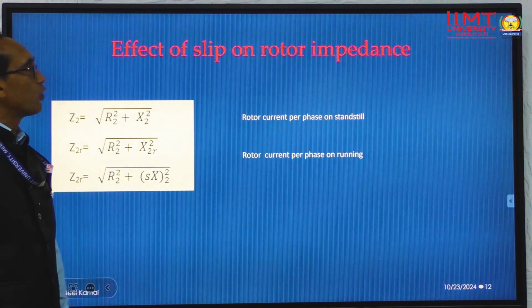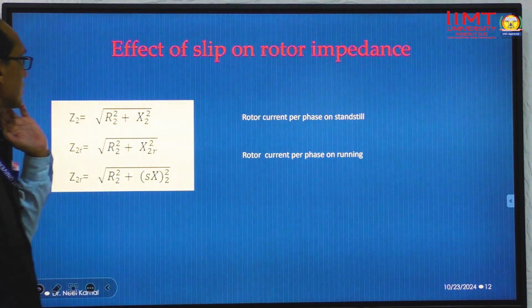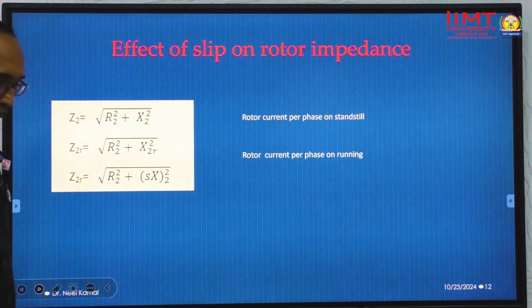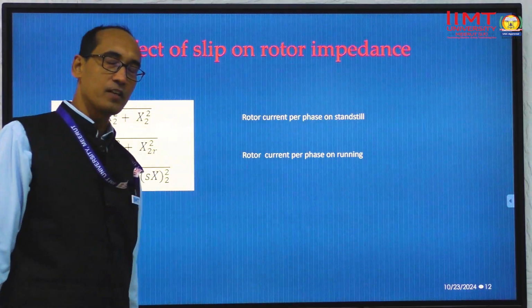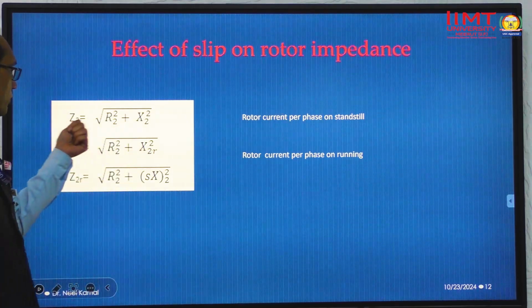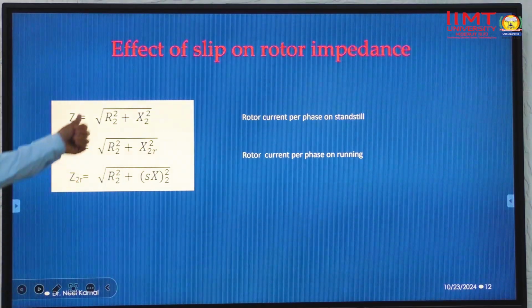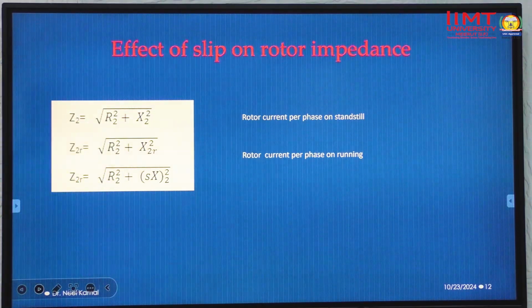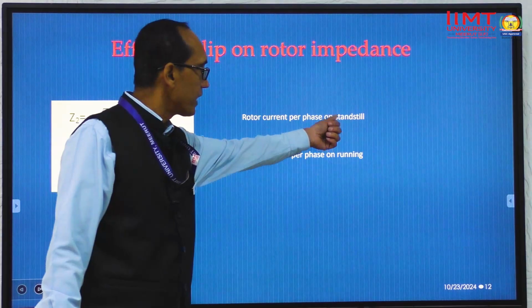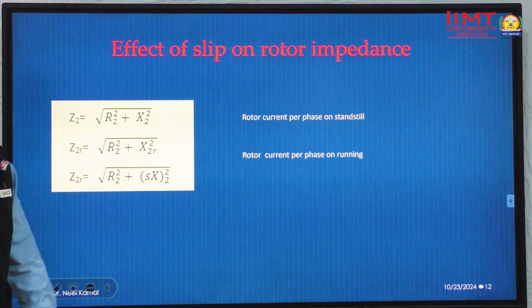Now what is the effect of slip on rotor impedance? Impedance is the resultant of these two parameters, resistance and reactance. So we already have the formula Z2 is equal to the square root of R2 square plus X2 square. So at standstill condition, again I am saying Z2 is equal to the square root of R2 square plus X2 square.